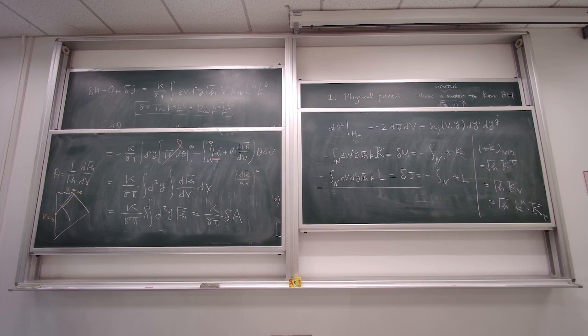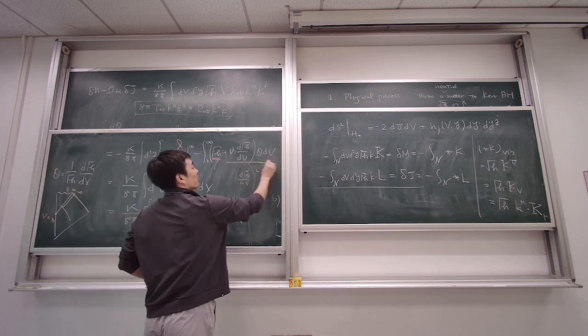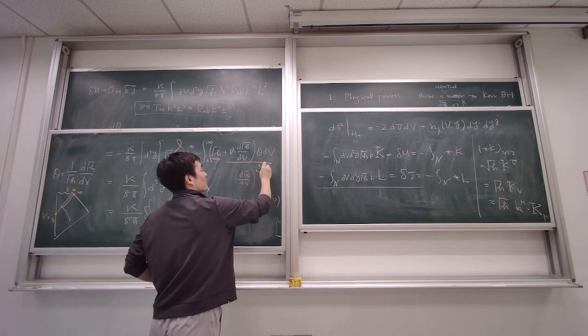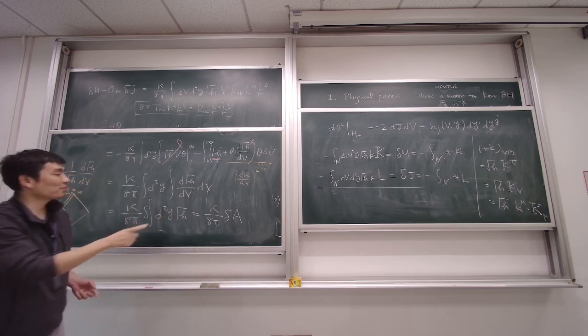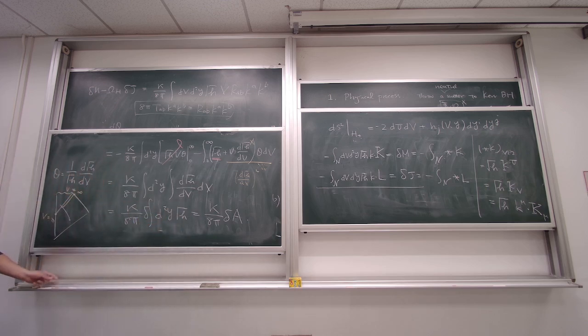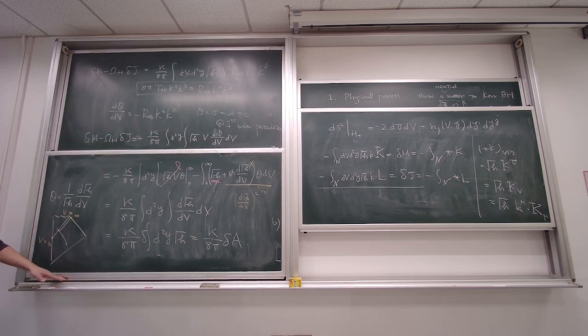Okay. If you accept this term is equal to 0, this term does not contribute, and this is a derivation of the first law of thermodynamics. So we just have this process to derive.